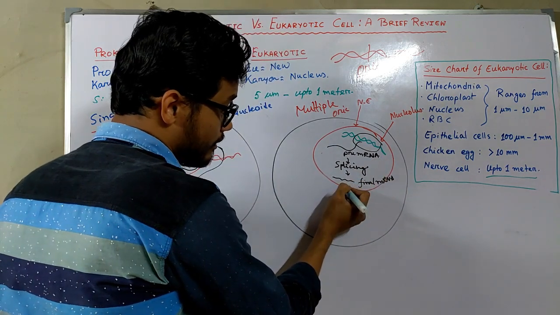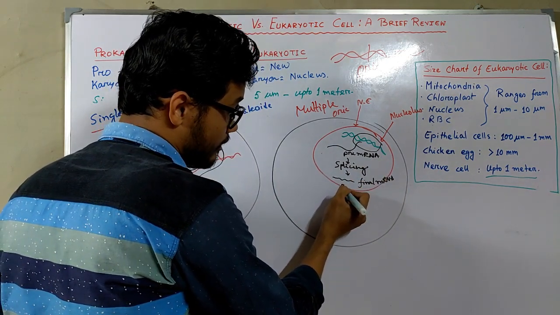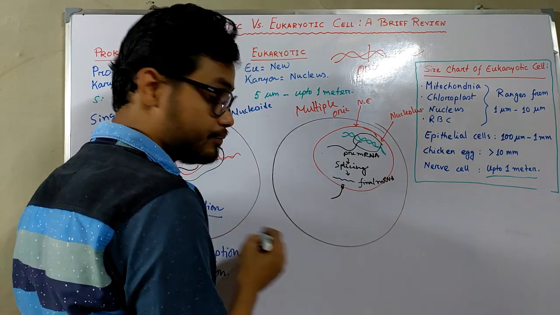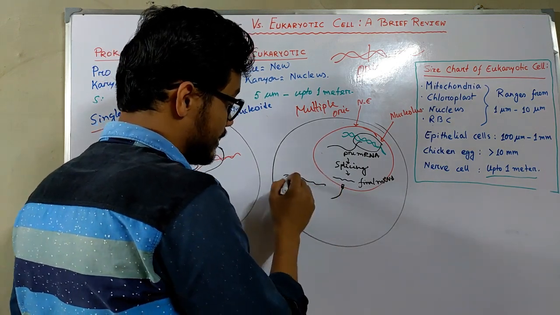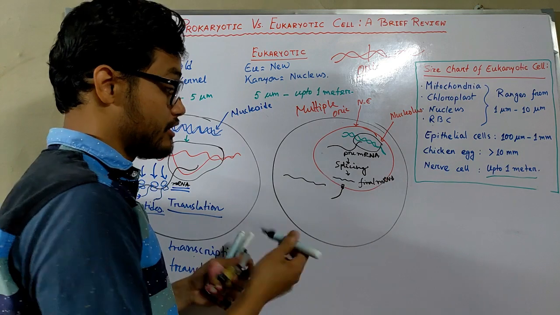Those mRNAs come out through the nuclear pore, and in the cytosol the mRNA goes into translation.